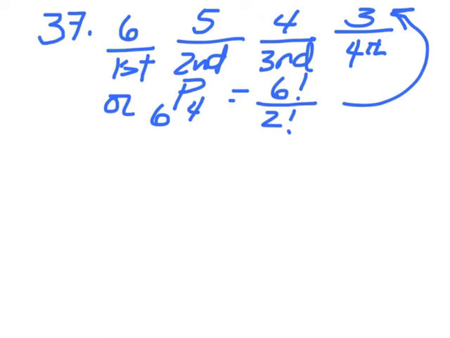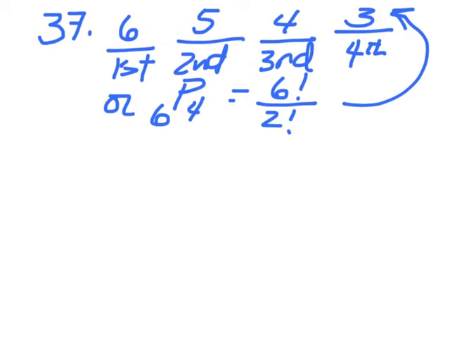So let's look at number 37 first. It says, in a race in which 6 automobiles are entered, there are no ties. In how many ways can the first 4 finishers come in? What I'm looking at here is a first, a second, a third, and a 4th place. So I know I have 6 choices, then 5, then 4, then 3.